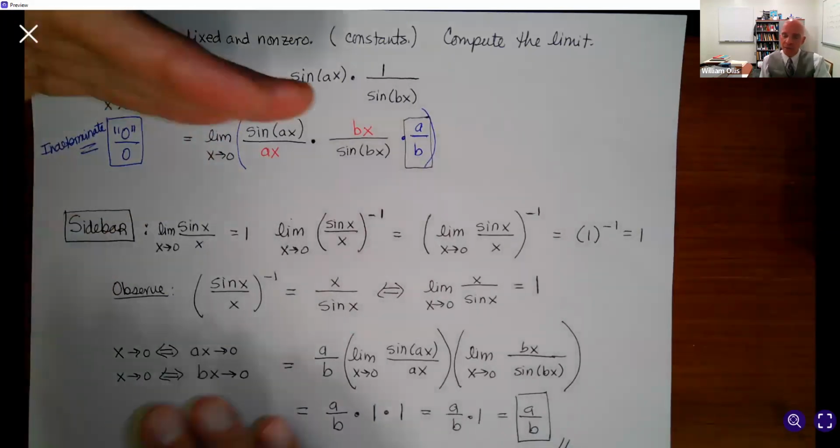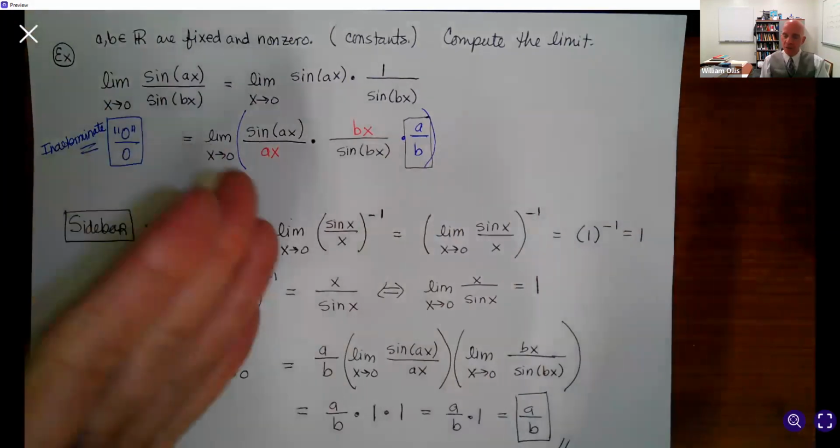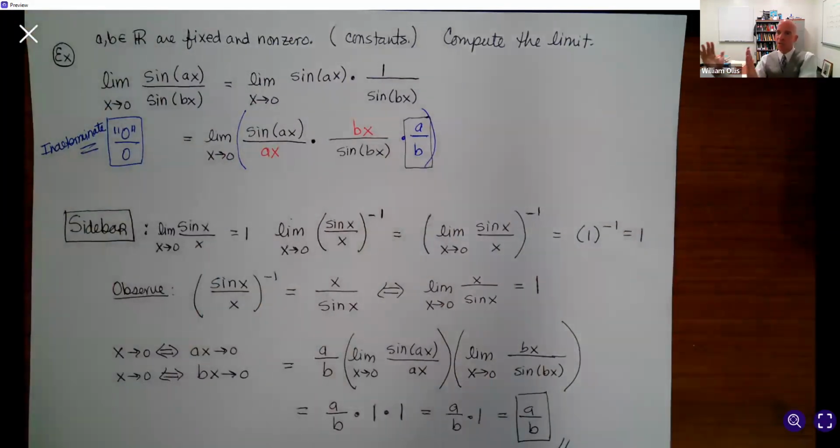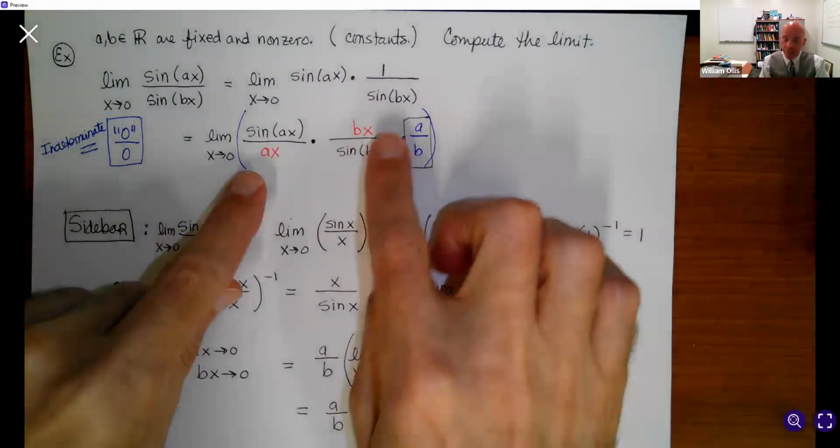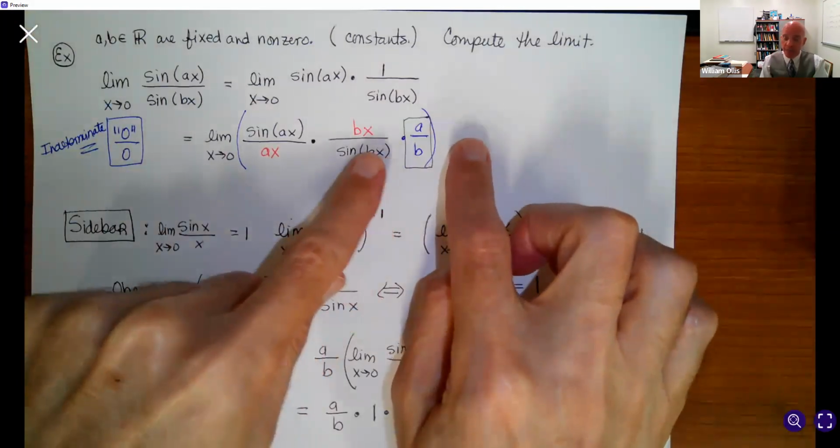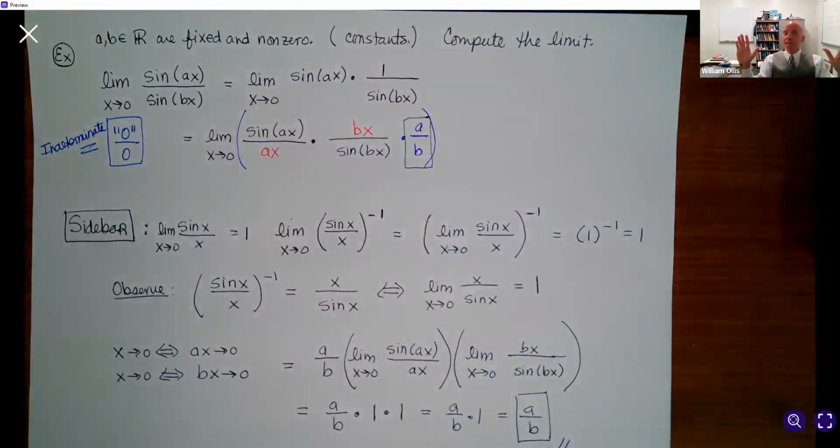And now you can apply this technique. If we had another trig function hanging out, we could just do it again. You just have to offset the what? The coefficients. And you have to make sure that, again, if we had another trig function, in this particular case, it would have to stand on its own.